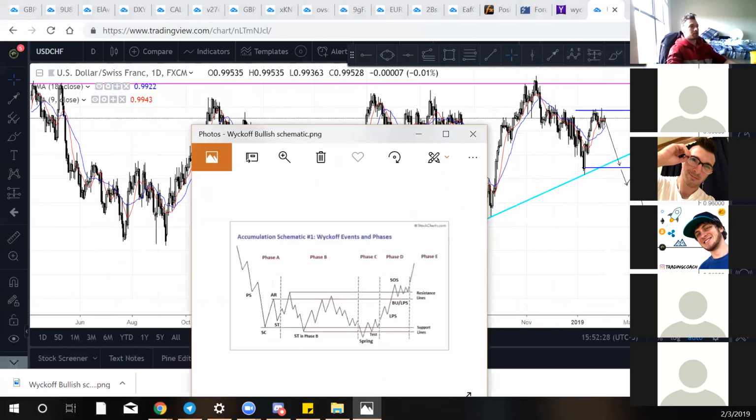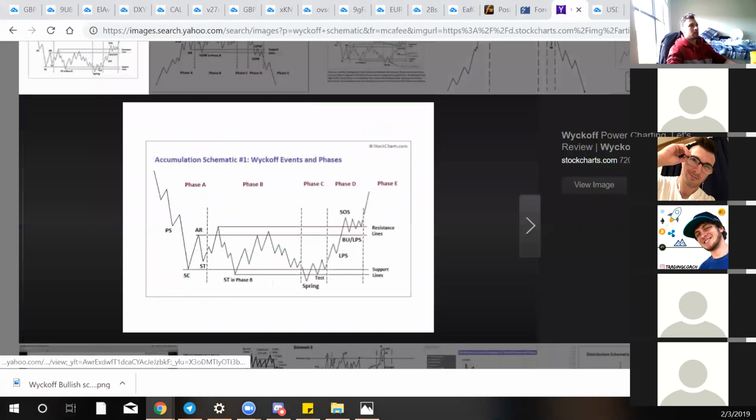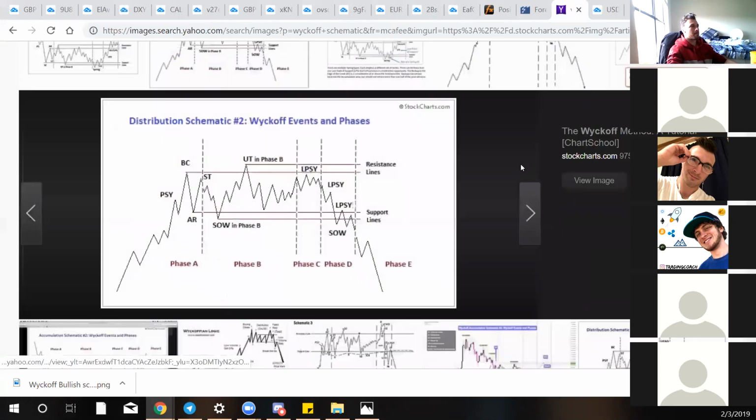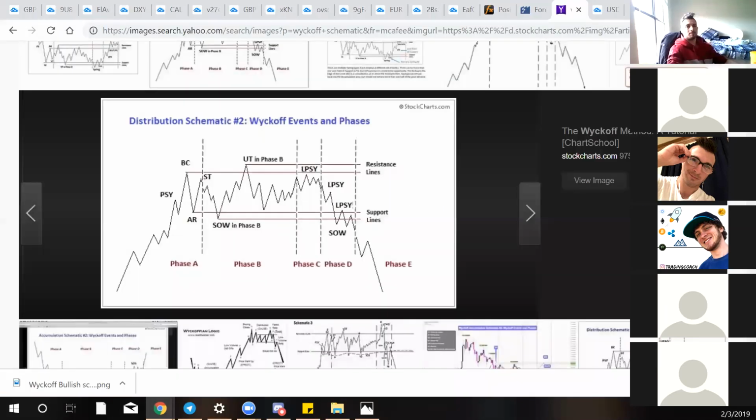And then we can go in here and take a look at the schematic. This is the accumulation schematic. Let's go look for the distribution schematic. Now I'm going to open that up and show it to you, and then we're going to close out.